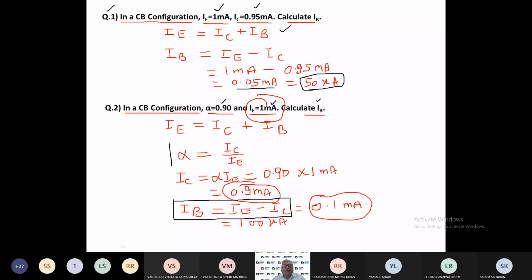We know this expression, current amplification in common base, alpha is equal to IC by IE. So IC is equal to alpha IE. Alpha is 0.90, IE is 1 milliampere, so we will get IC value 0.9 milliampere. And in this expression we put the values of IE and IC and we get IB, which is 100 microampere.